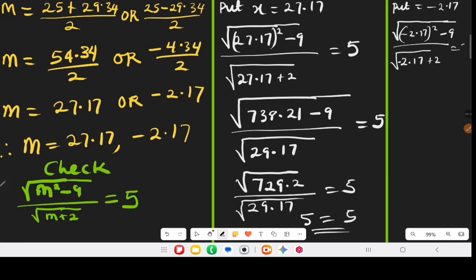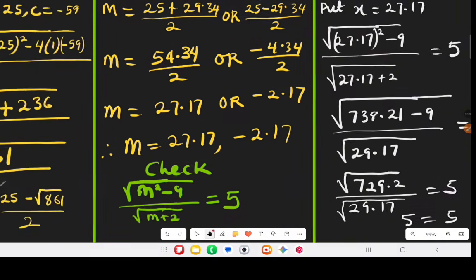Will it give us 5? The denominator will be negative, so a negative root will give us an invalid answer. So the second one doesn't satisfy the equation. We say the first one satisfies the equation, so our answer is correct.